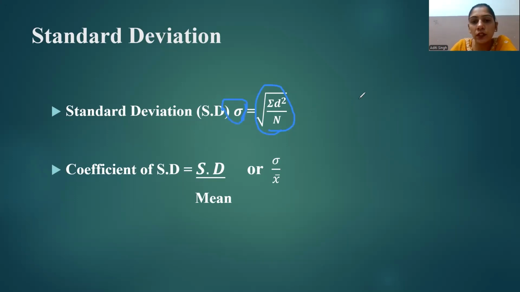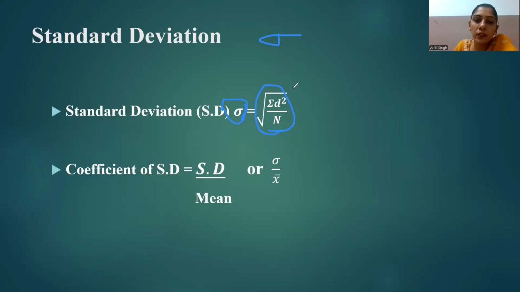And the formula for calculating standard deviation is the sum of d square divided by n, whole under root. So this is how we calculate the standard deviation.